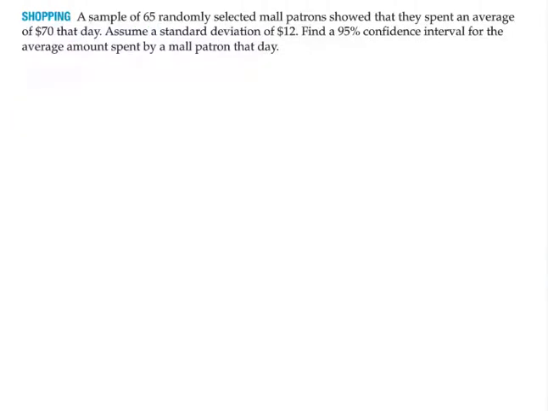A sample of 65 randomly selected mall patrons showed that they spent an average of $70 that day. Assume a standard deviation of $12. Find a 95% confidence interval for the average amount spent by a mall patron that day. First thing, find the maximum error of estimate.